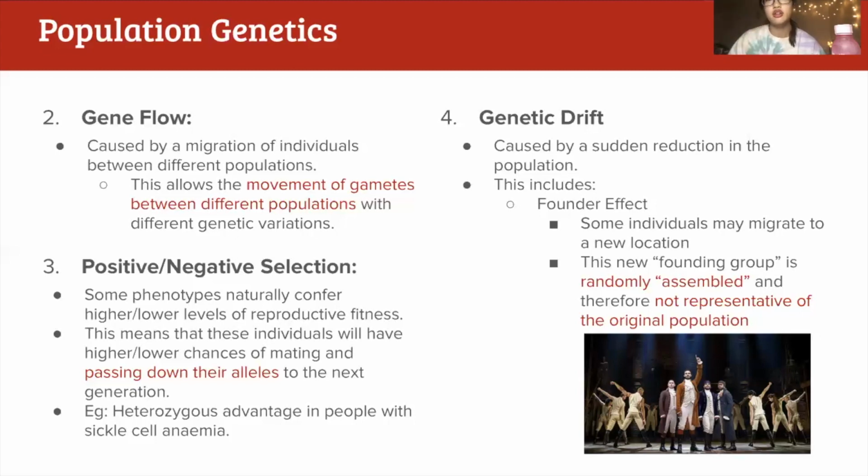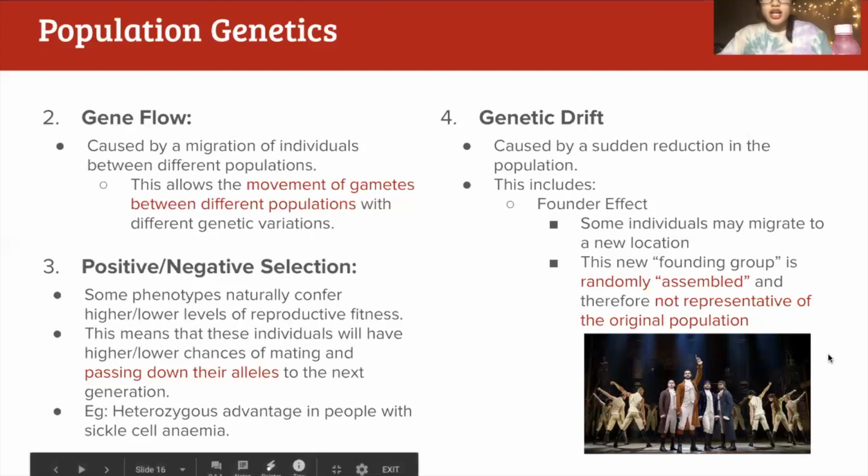And this group of individuals that leave the original population, there is not much intentionality in who they are. So they're a very random group, not representative of the original population. So when they multiply back into a larger size, they do not follow the Hardy-Weinberg equilibrium.